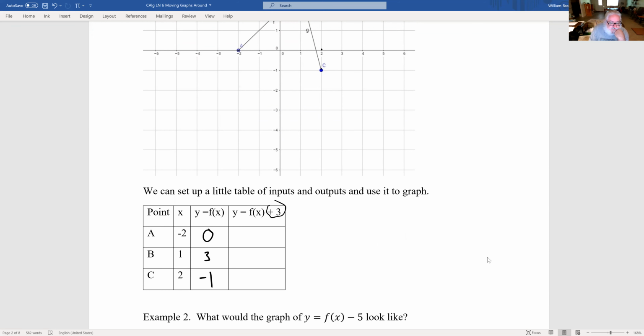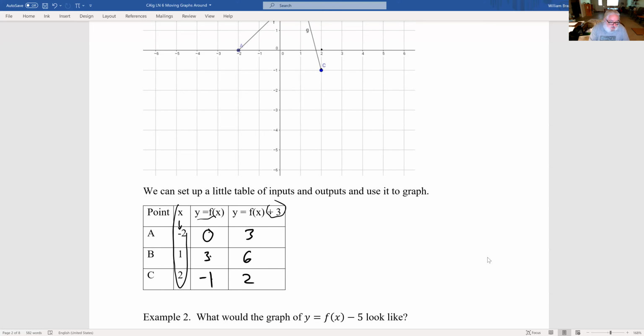What's that going to do to the graph? Well, we take our x value, we run it through the function, that gives us 0, and then we add 3 to the output. So that makes that 3, that makes this 6, that makes this 2. So what we've done then is we have just added 3 to the y values.